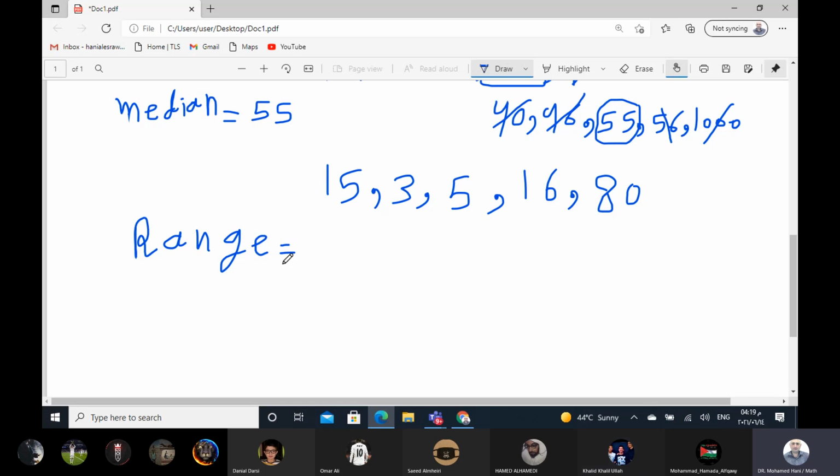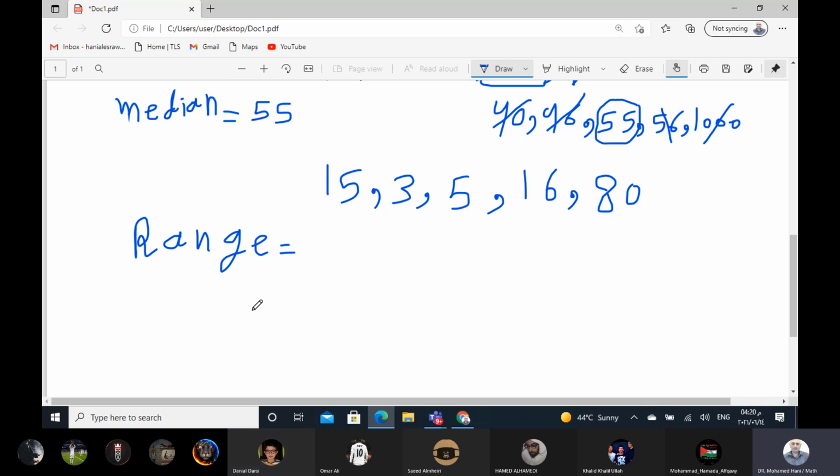Okay, who can remind us how to find the range? What's the meaning of the range? The range is the difference between the big value and the small value inside the data.